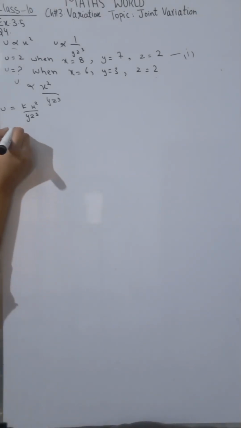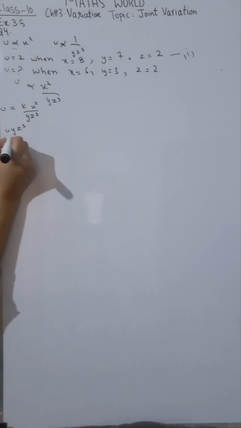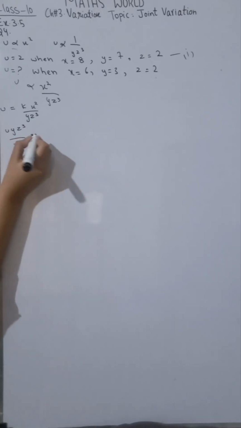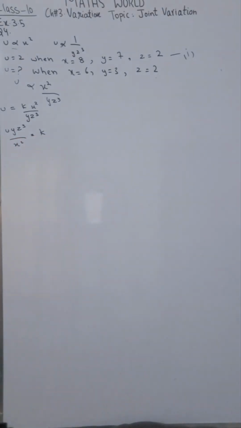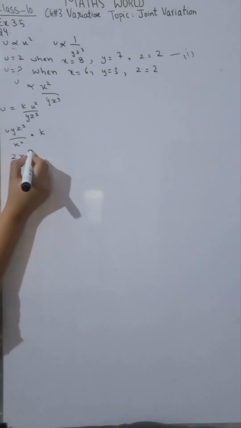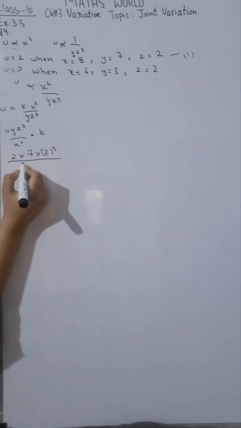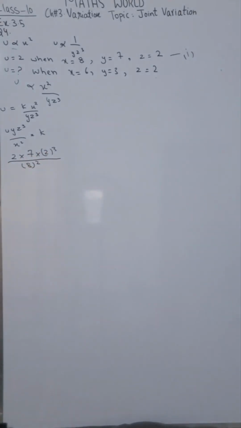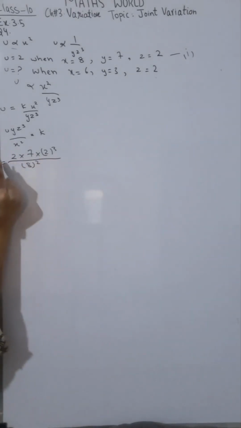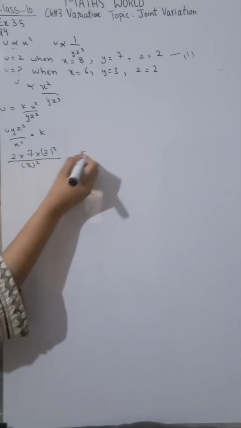For this, u yz cube divided by x square is equal to k. Placing the values for the first case: u is 2, y is 7, z is 2 cube, and x is 8 square.